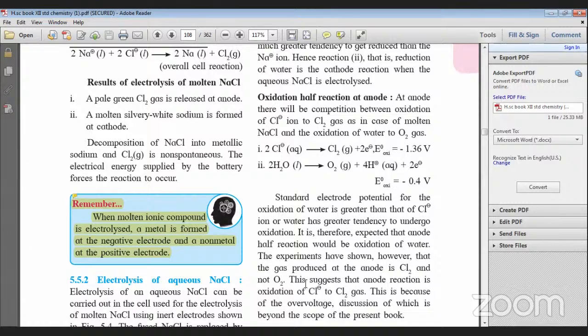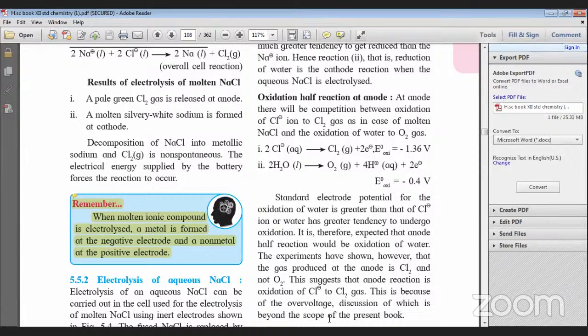Because we have seen at the cathode that hydrogen gas is released. If we compare here, oxygen gas should be released instead of chlorine, but the reason given here is that instead of oxygen, chlorine gas is forming. This suggests that the anode reaction, the oxidation of Cl minus to Cl2, is because of overvoltage, and the discussion of this is beyond the scope of the present book. Okay, fine.